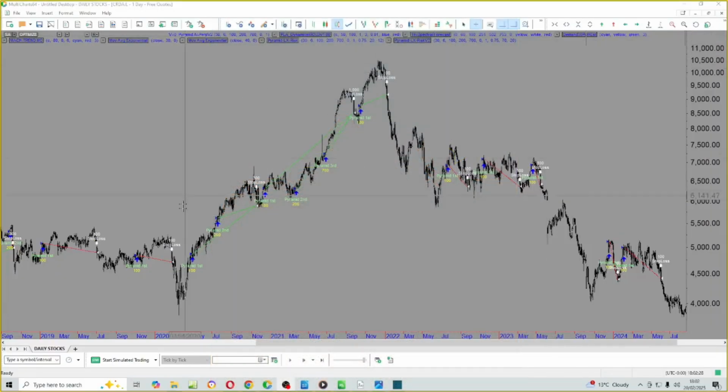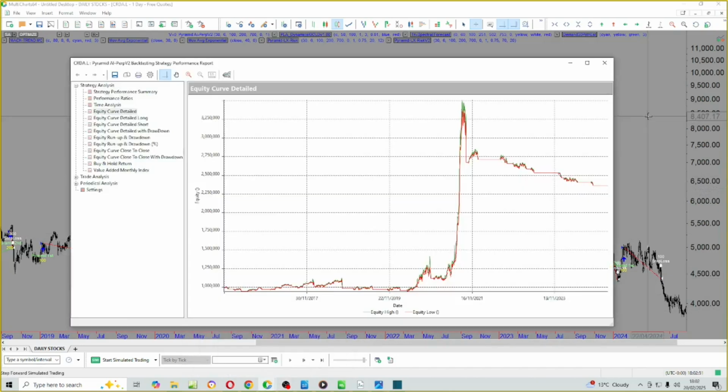This is an old English stock called Croda, and it's a very good example of demonstrating why an upside down pyramid can be very useful. The size is 100, 200 and 700, and the equity curve is incredibly unusual. So basically it made all the money in 2 trades and waited a long time for anything to happen.